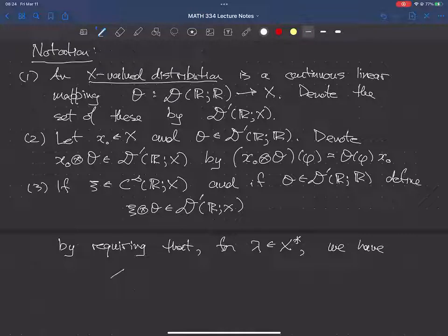So you take lambda. This thing is a distribution in X, and so it therefore takes a test function and gives you something in X. Sorry, I'm going to use notation that we understand.